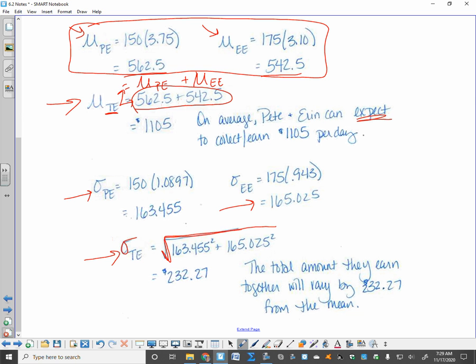That's why there's a square root over here. Pete's standard deviation squared makes it a variance, and her standard deviation squared, and that gives me 232.27. So the total amount they earn together will vary, typically by about $232.27 from the mean.